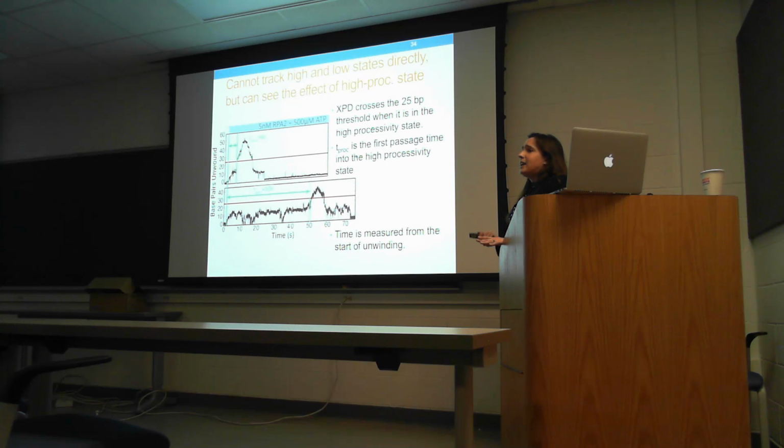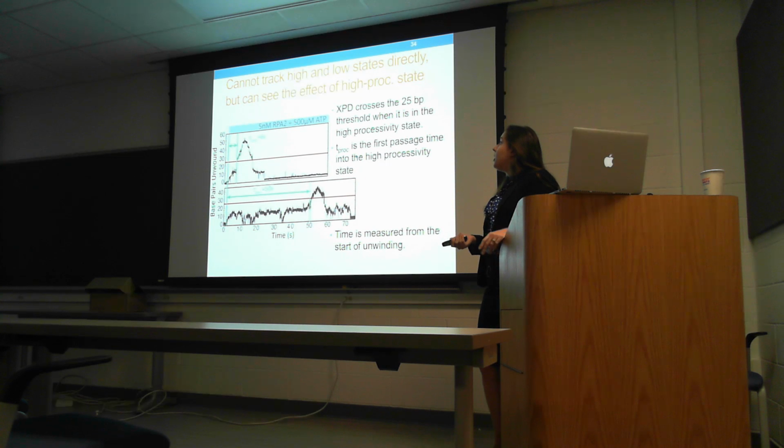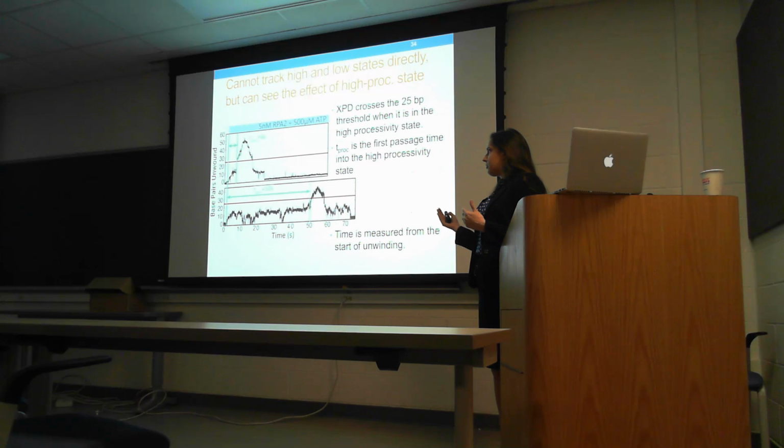We can't directly track these low processivity and high processivity states. They're inherent states of XPD that we believe exist based on the processivity signal that we get. But we can see the effect, which is crossing this 25 base pair threshold.